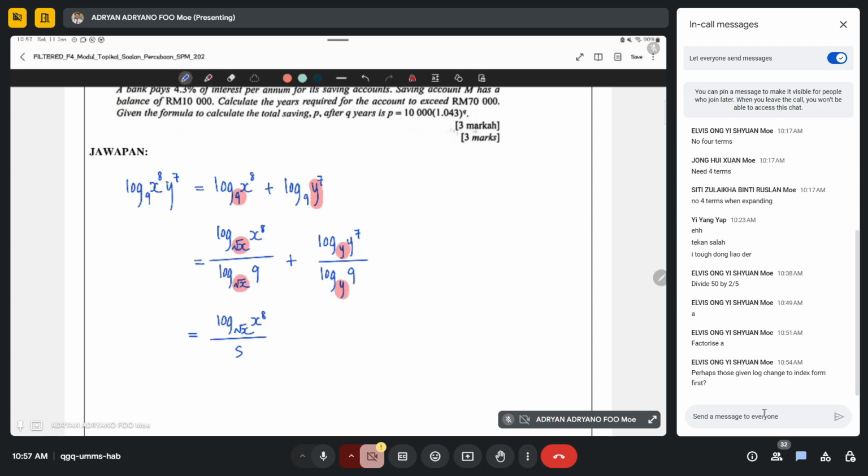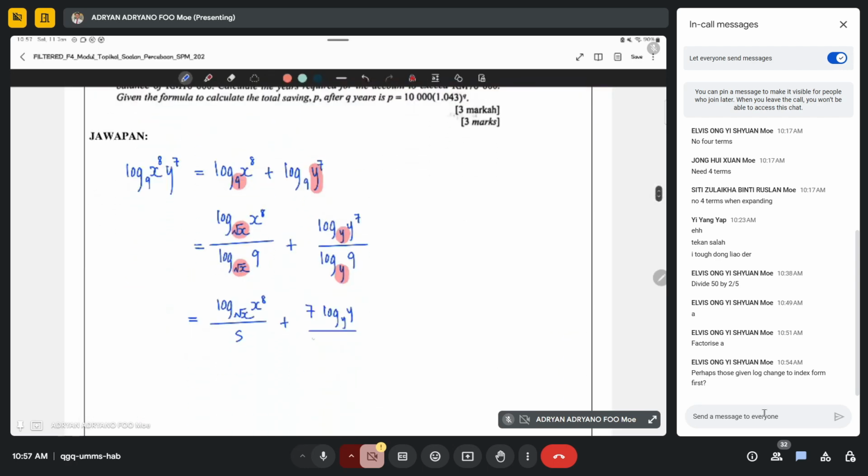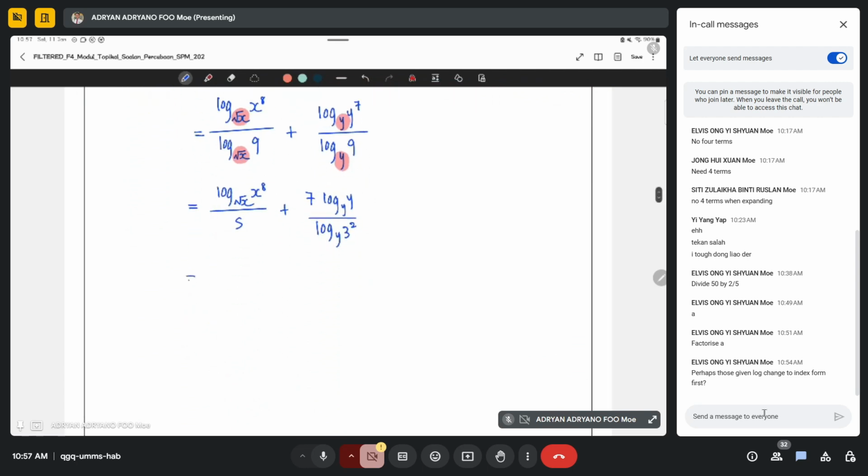Okay, and then here we got 7 log y over log y 9. Do we have log y 9? No, but we have log y 3 equal t, so here we can change it to log y 3 square. Then this one, go and think how to simplify this part. Okay, and then s plus 7 over 2t.